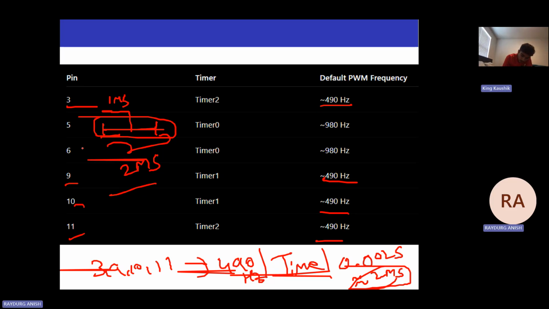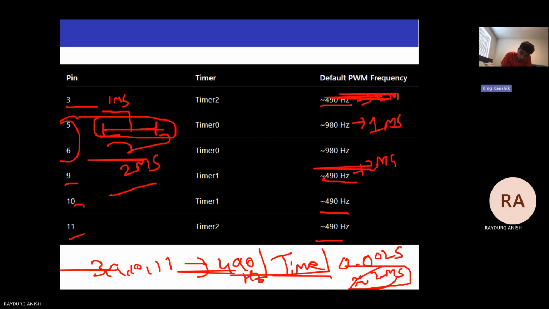And for 5 and 6, the frequency is 980 hertz and the time period is approximately 1 millisecond.